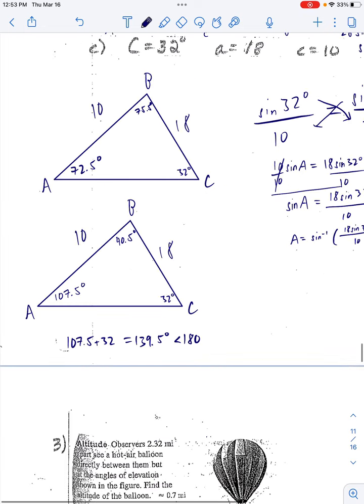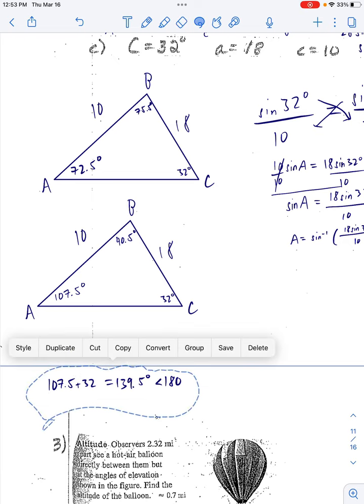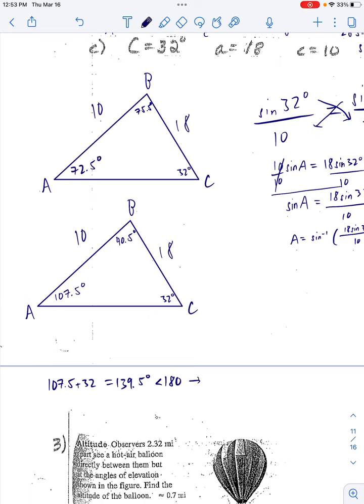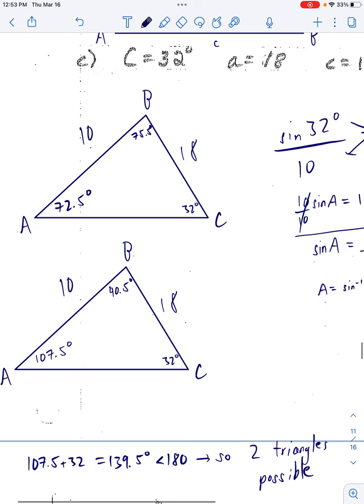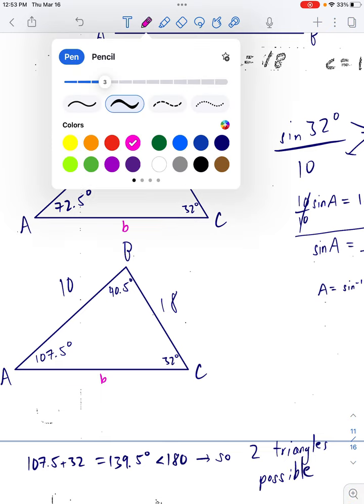So basically what we have to do then, I'll move my little note here, so 2 triangles possible. Now what I'm going to do here is use the law of sines for both of these. I'm going to solve for this last side, little b, on both these triangles, okay?